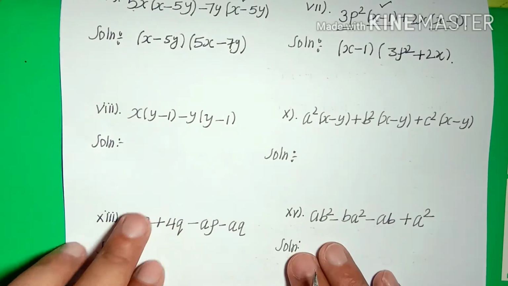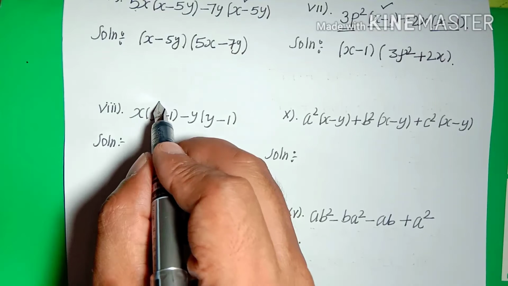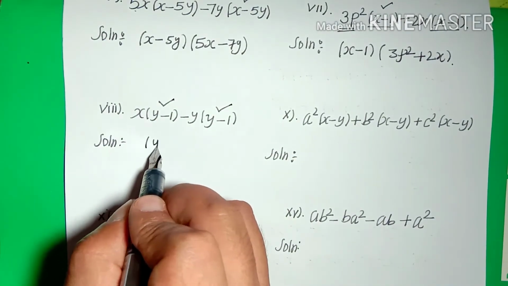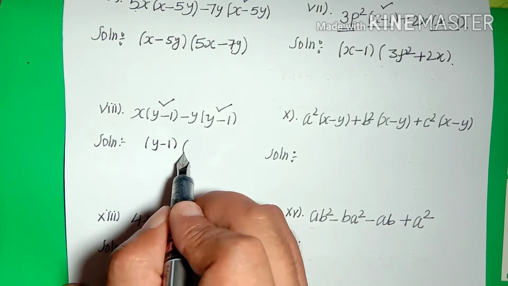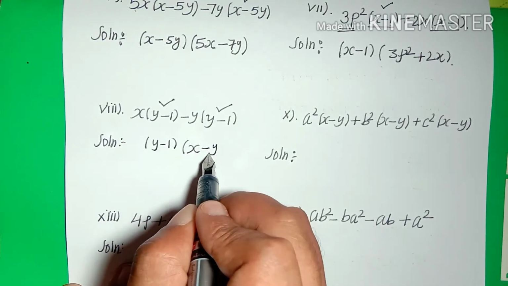Now the next one, which factor is common? Yes, the factor y minus 1 is our common factor. After taking that factor common, what we are left with is x minus y.